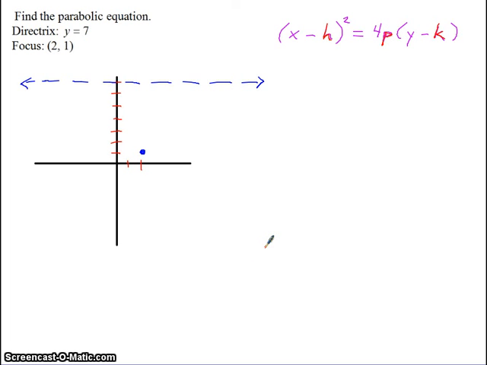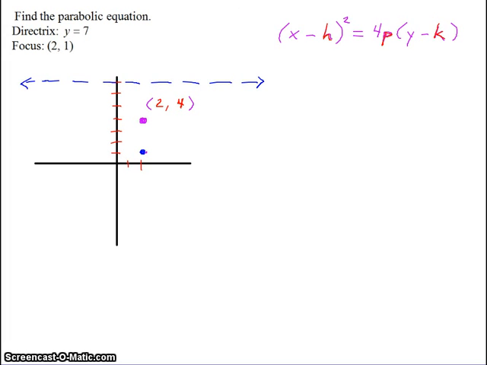So the vertex of the parabola is right in the middle of the focus and the directrix. So I know that the distance from 7 to 1 is 6. So to find the vertex, I simply need to go up 3 from the focus point. So this is right where my vertex is located. And that means that I have a vertex at (2, 4).